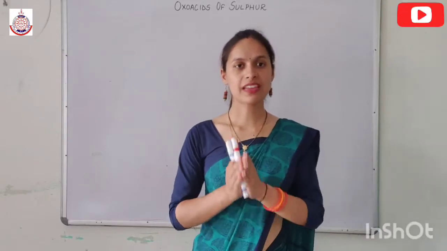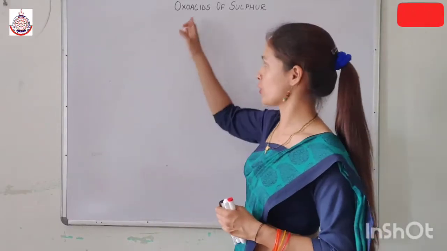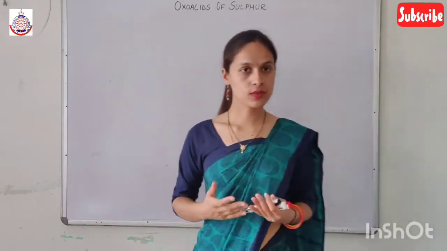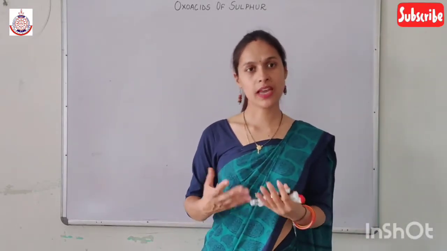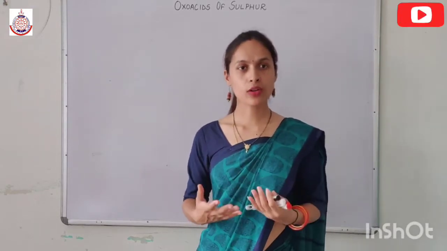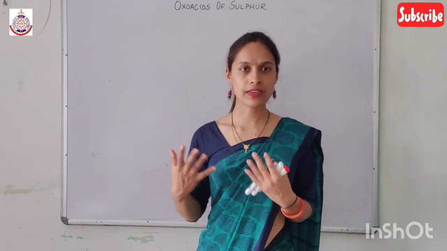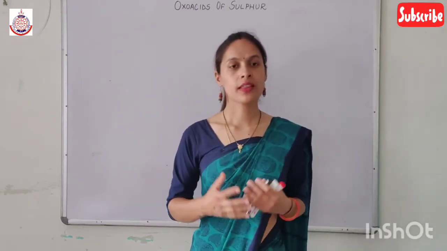Before starting the main topic, first of all we have to know the meaning of an oxoacid. In our previous videos in the nitrogen family, we studied the oxoacids of phosphorus, and there we also studied the meaning of oxoacids. So let's quickly revise it.